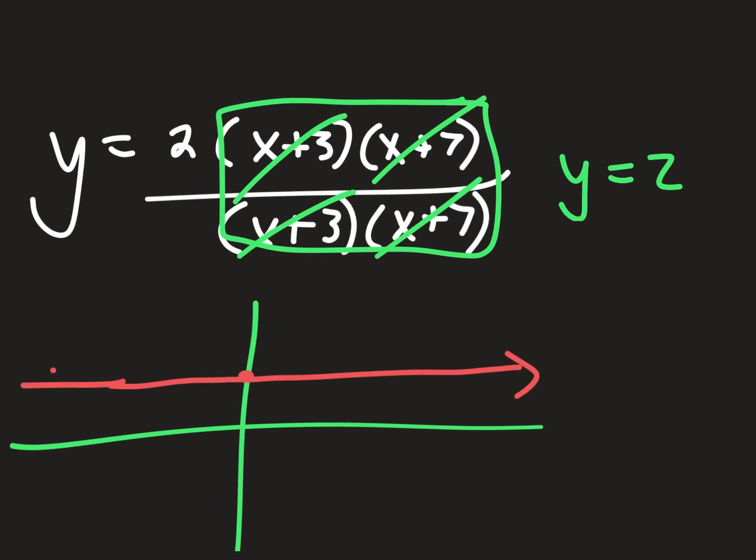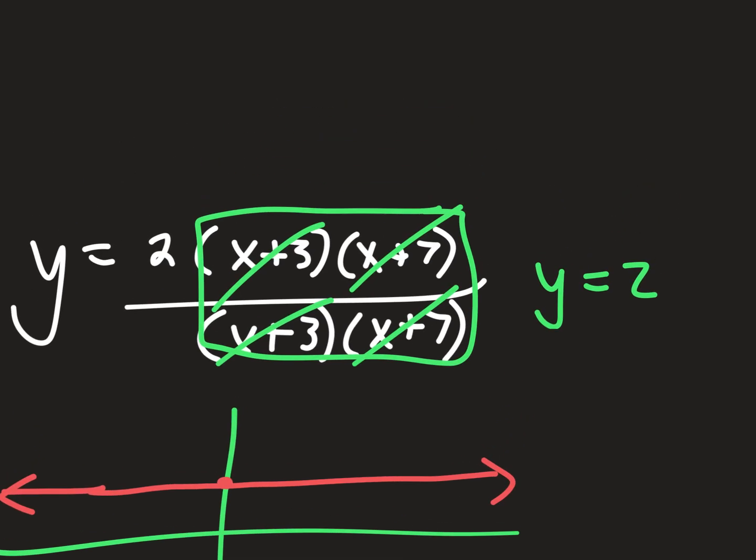Is that the final answer then? Just a straight line like that? No. It's got 2 holes. Take a second, put them in the right spot. Now, I don't need you to do a complicated, with a hole is exactly here.